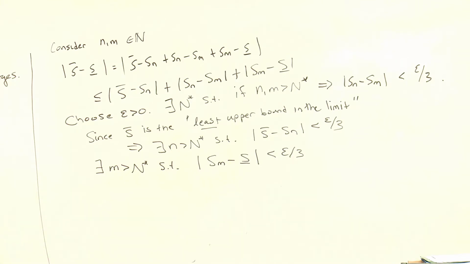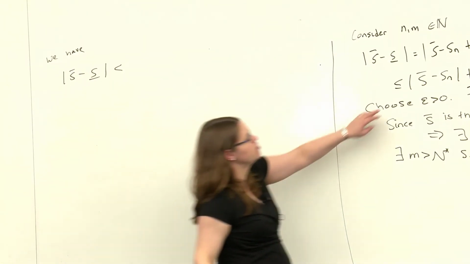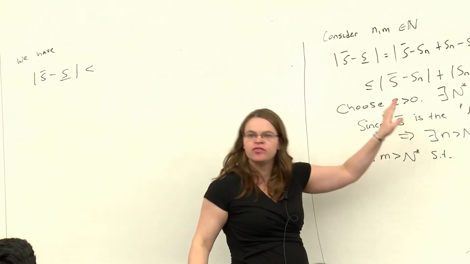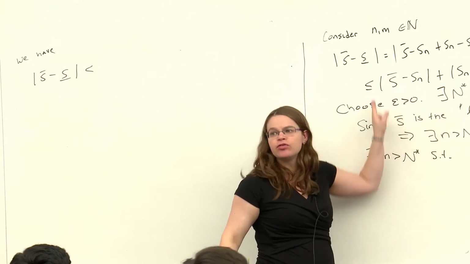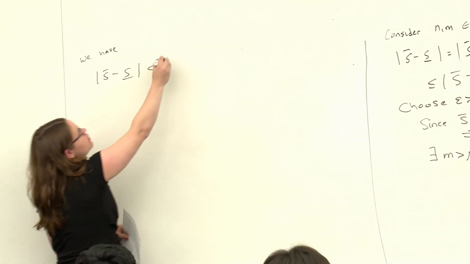So let's try to put this all together. We have that S bar minus S underbar we said was bounded by this. For this particular choice of n, this term is certainly less than epsilon over 3. Again, it's not true for all n, but it's true for this value.